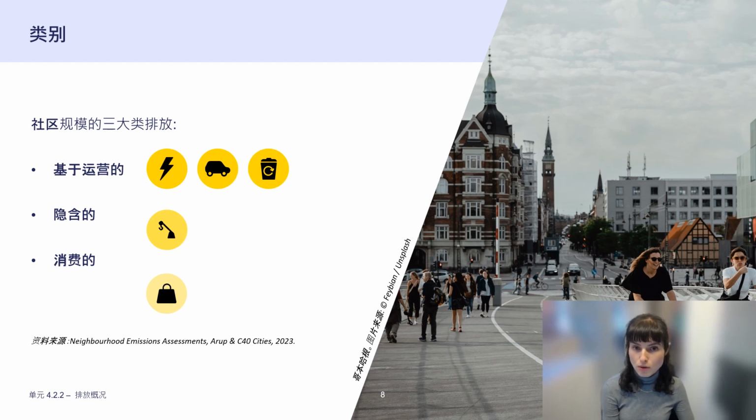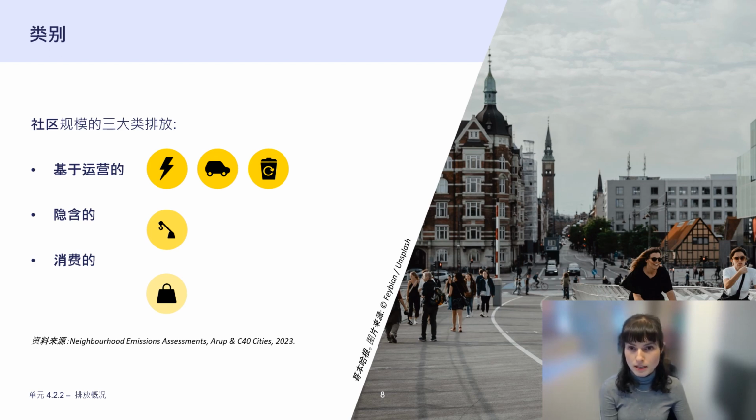Embodied emissions only occur at specific points through the development cycle. Historic embodied emissions in existing buildings and infrastructure do not need to be included in the assessment, although any future embodied emissions should be captured.